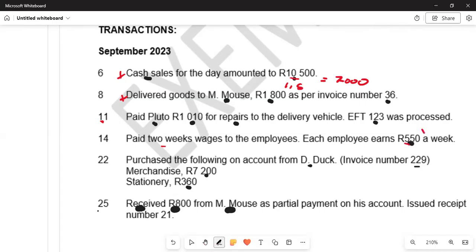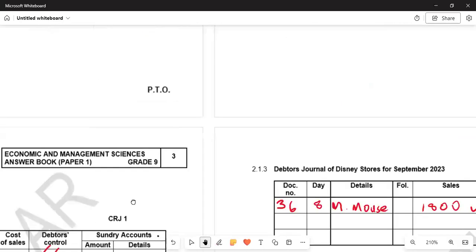Then you're going to say 1,100 times 2, because we are going to pay them for 2 weeks. So 1,100 times 2 is going to give us 2,200. That is the amount that you're going to record under the cash payment journal: 2,200.